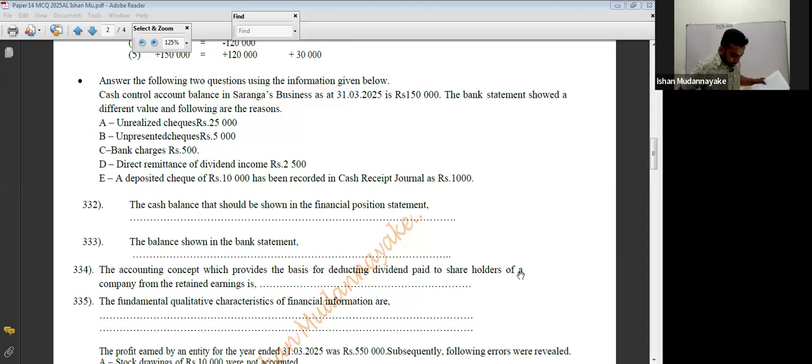Come on, 334. Deducting dividend paid to shareholders of a company from retained earnings.